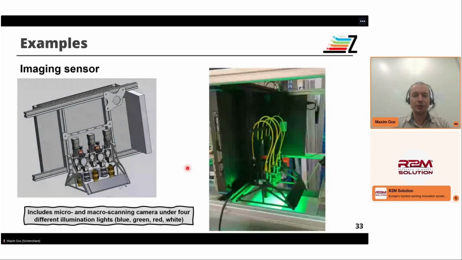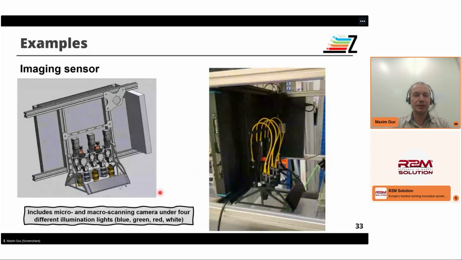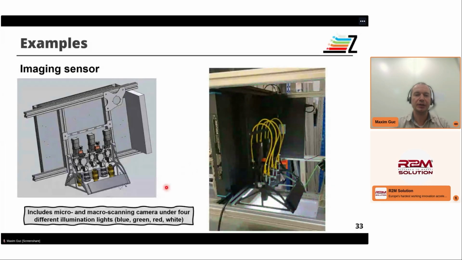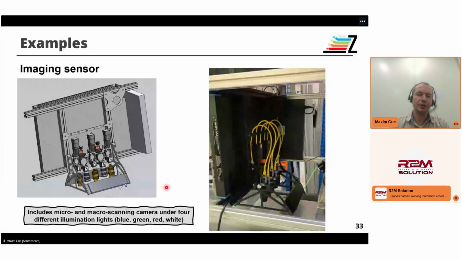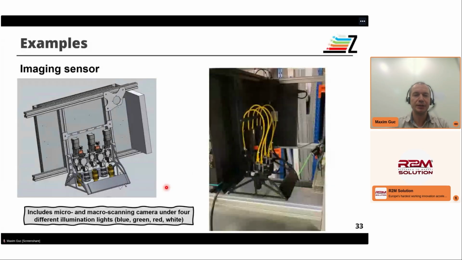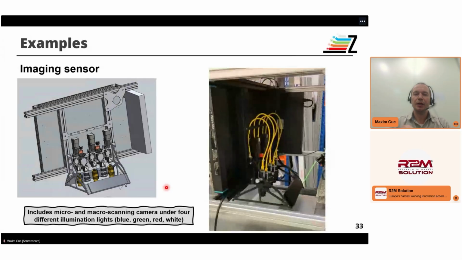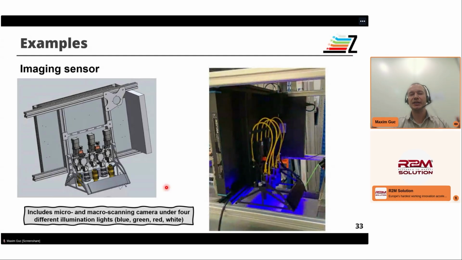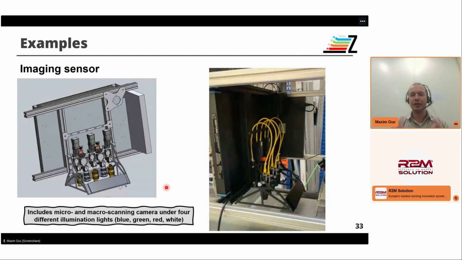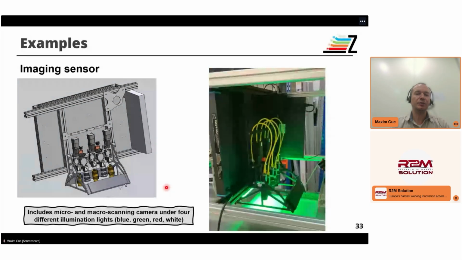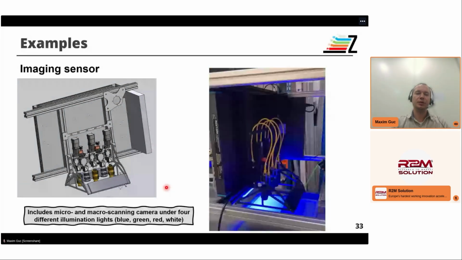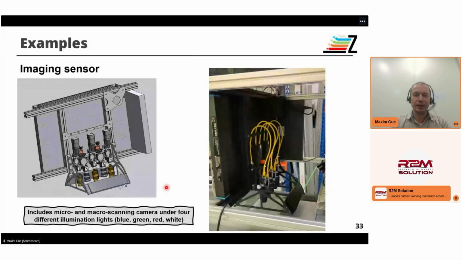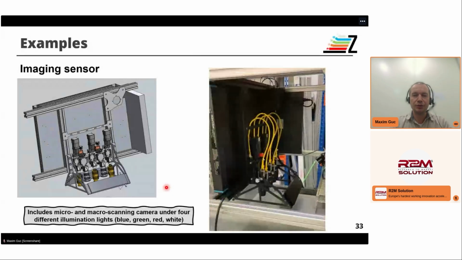This sensor contains two different types of camera, one for micro and another for macro scanning. This means that we are scanning the sample at macro scale, in terms of square centimeters, so we're detecting a big range of the sample, and then we are also scanning the sample at micro scale, in the range of tens or hundreds of microns.